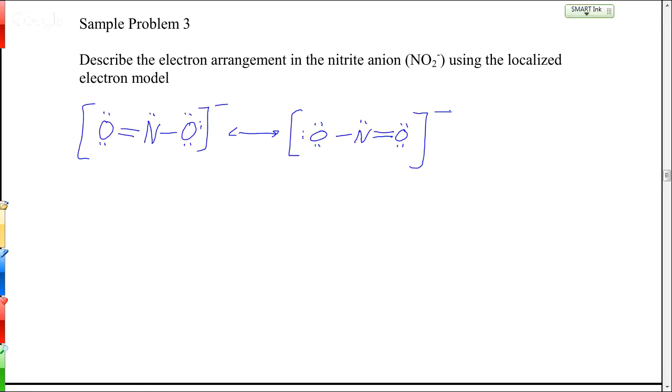So those are resonance forms. Okay, so it's got 2 resonance forms, which means that to describe the overall structure, we would really say that the nitrogen-oxygen bonds are equivalent, about 1.5 bonds.